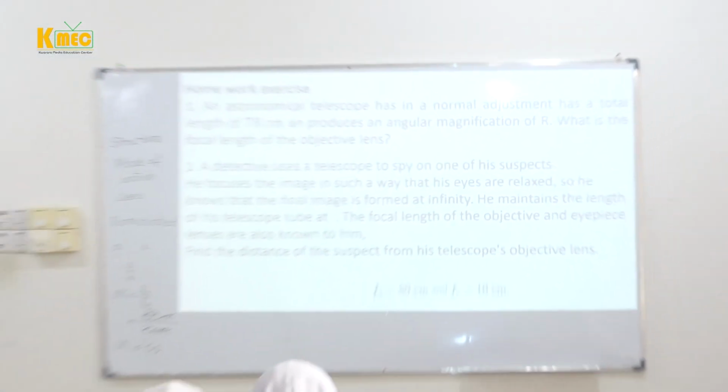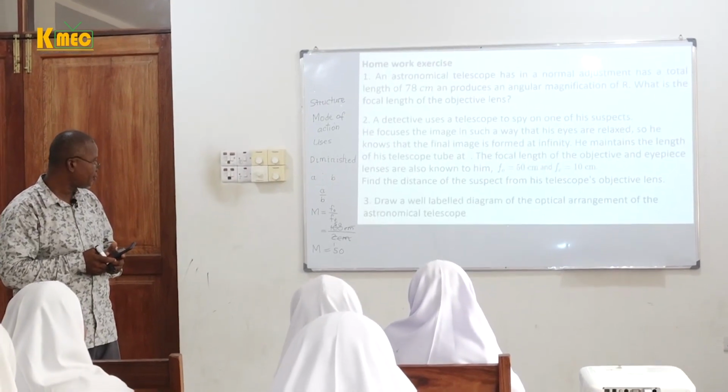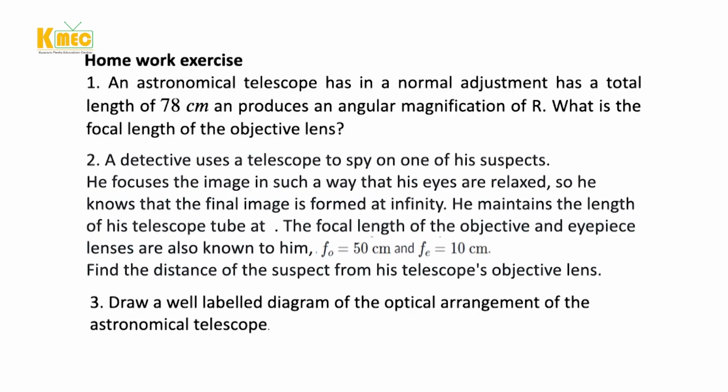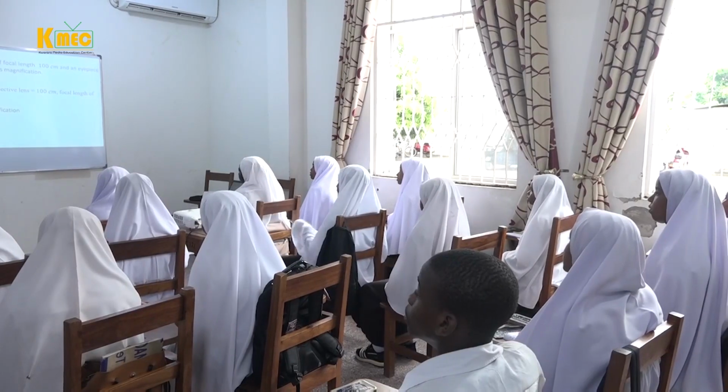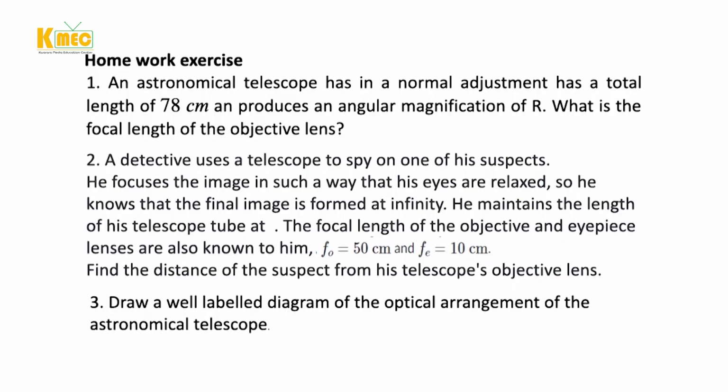And lastly, we have number 3. That is the optical arrangement of the astronomical telescope. And that's why this is your homework exercise. Are you ready for that?